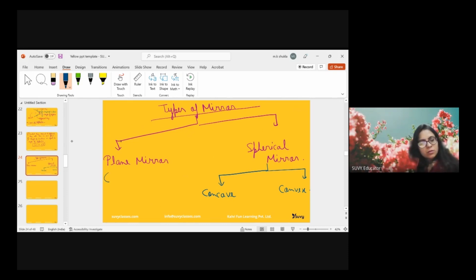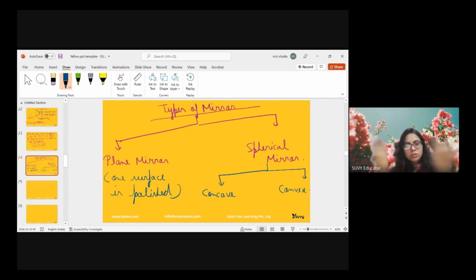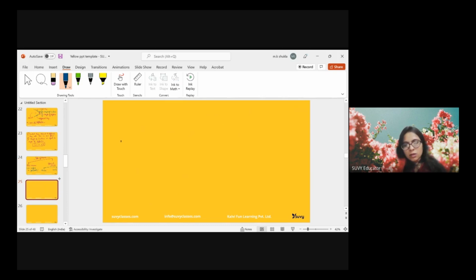Plane mirror means one surface is polished, the normal mirror in which you can see yourself. That is a plane mirror. And the spherical mirrors, one is concave and one is convex. We'll discuss all in detail.